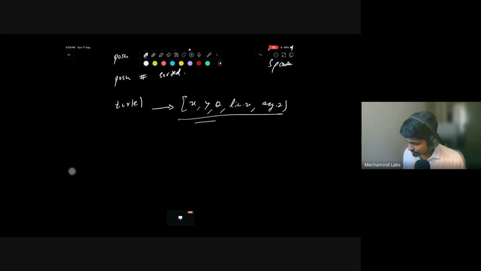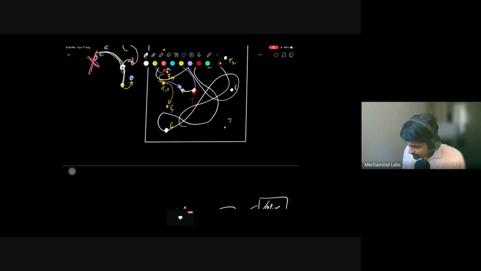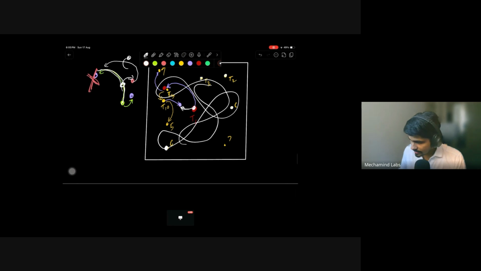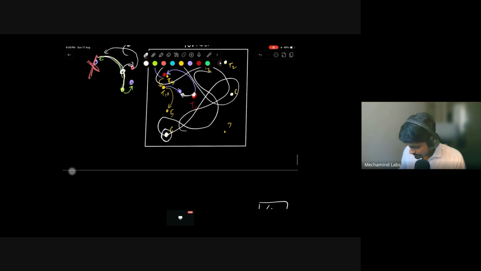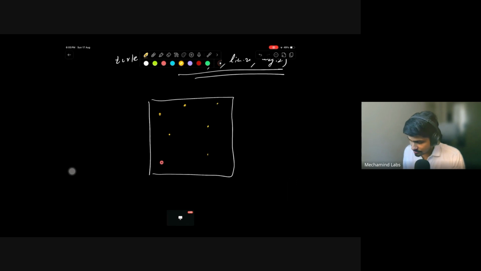This array stores this data, so that I know where my turtle is at this point. If I know my turtle is at this point, I can compare this current coordinate. Let me draw it here. If I know my turtle is at this point and I have to go to this position, this position, this position, but what is the nearest position I have to go?